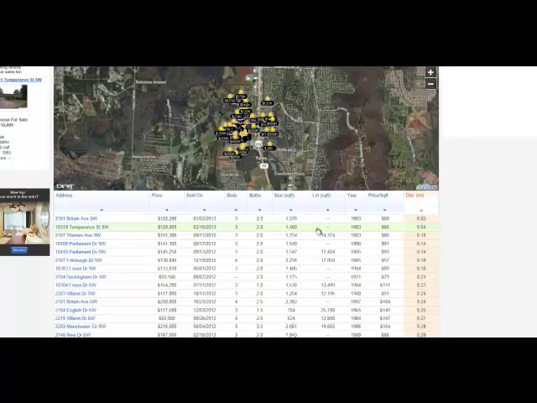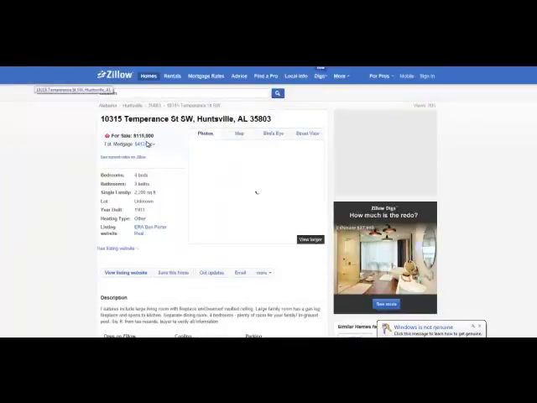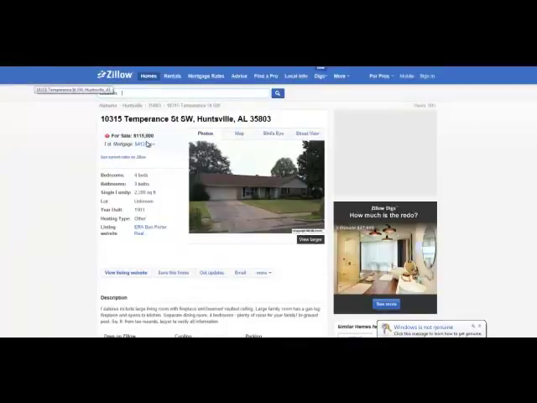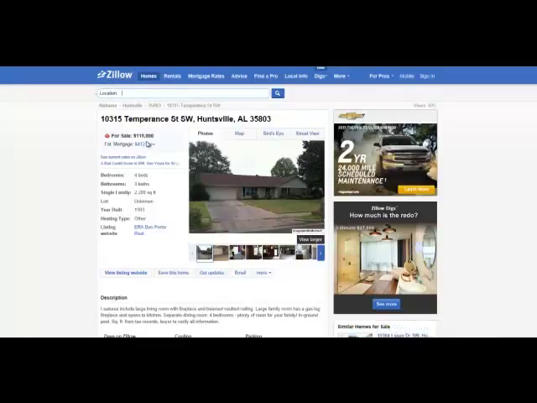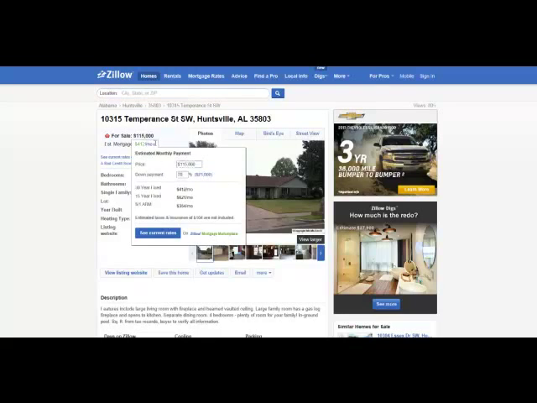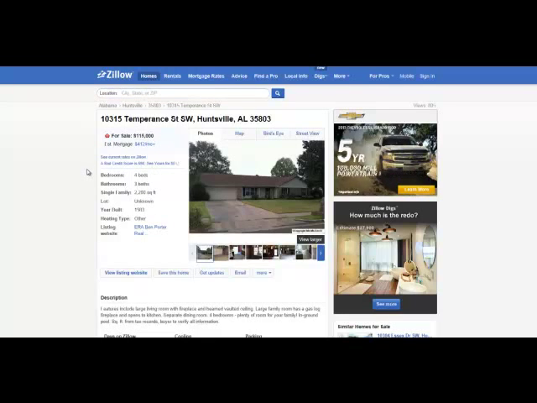So knowing that, and knowing that if I took the average of these, I'm going to be somewhere in the $85 to $90 a square foot price range, I can then go back to the property that I was currently looking at, and I can say, okay, what's the square footage? 2,200 square feet times $90 a square foot gives me an ARV of $198,000.